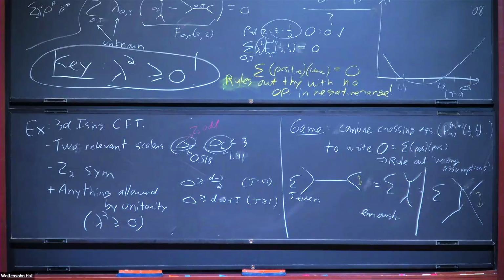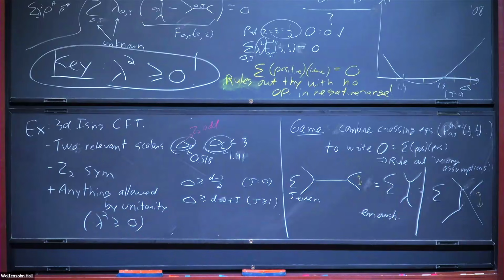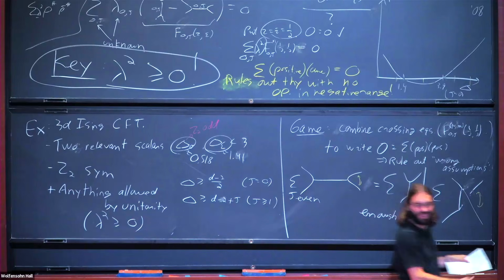But higher point functions, I think the correct answer to your question should be yes. Higher point functions are amazing and they constrain things much more. But so far, nobody has really been able to use them.